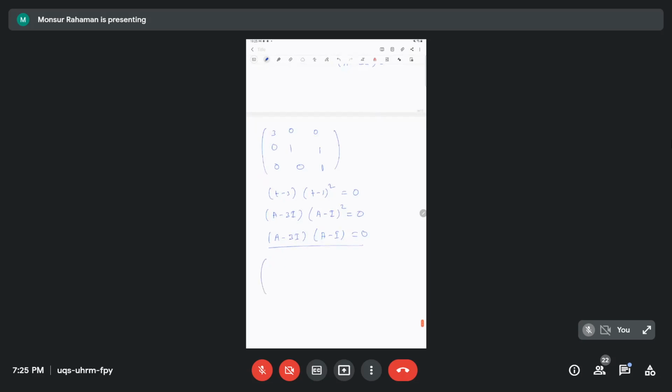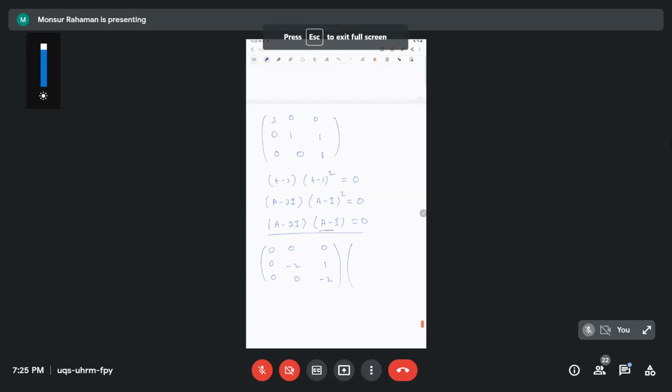So what will A minus 3I be? Subtracting 3 gives this matrix with entries minus 2, 1, 0, 0, minus 2, and so on, and A minus I gives this matrix with 1, 0, 0, 0, 0, 1, 0, 0, 0.